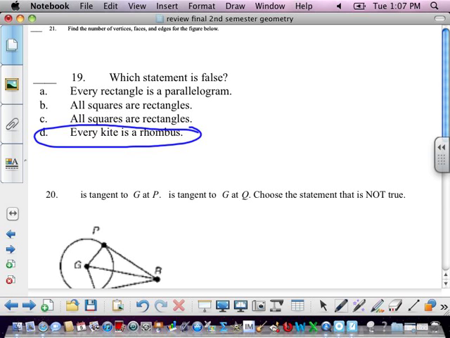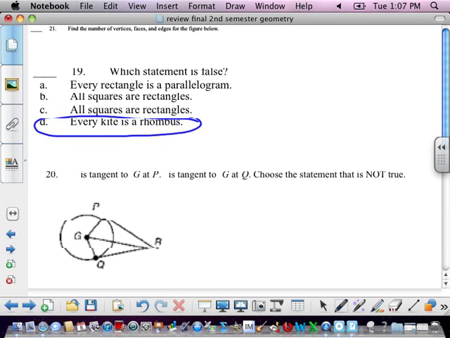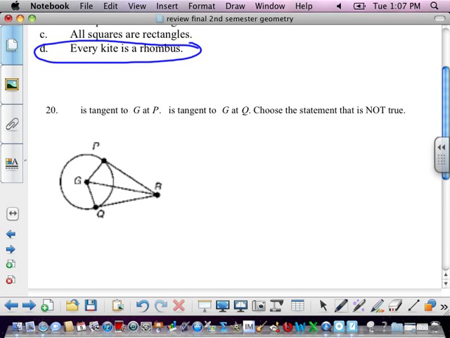If RP is tangent to circle G at point P, and RQ is tangent to G at Q, choose the statement that is not true. Okay. Triangle GRP is congruent to triangle GRQ. PR is congruent to QR.